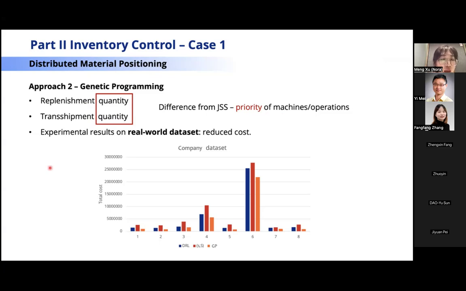We test our genetic programming method, the reinforcement learning method, and another very popular (s, S) policy method on the real-world data set. And as we can see, the genetic programming method performs better on all the instances.